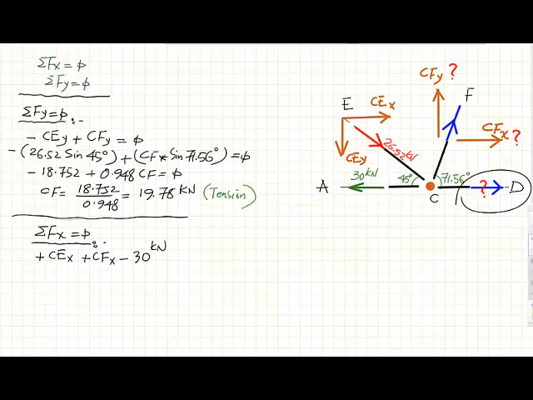We assumed CD to be going towards east, positive, so plus CD is equal to 0.